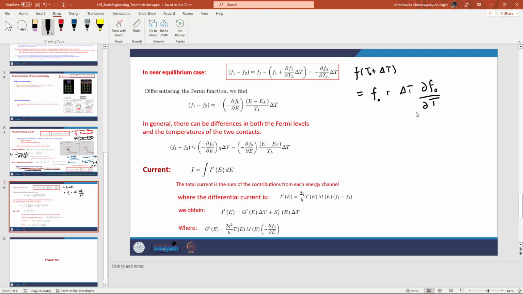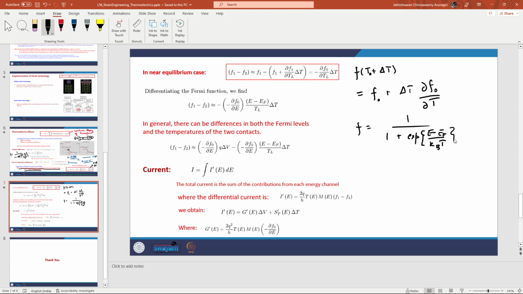So now, if we take the temperature derivative, we will see that since the Fermi function, again, as I wrote before, is of this form, exponential of E minus EF upon kBT.